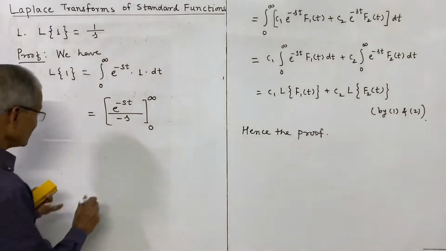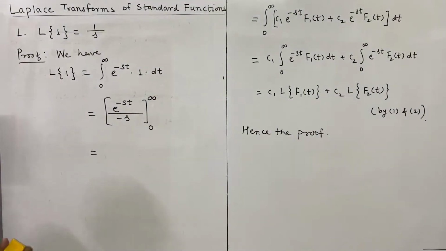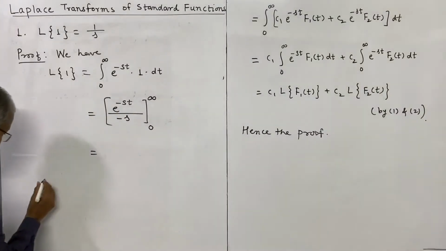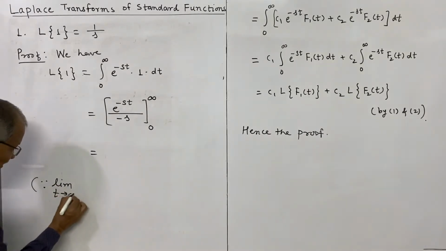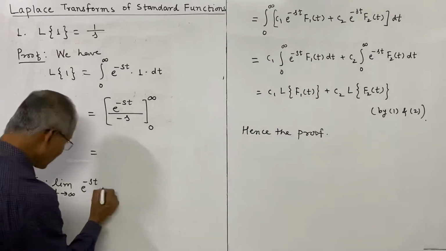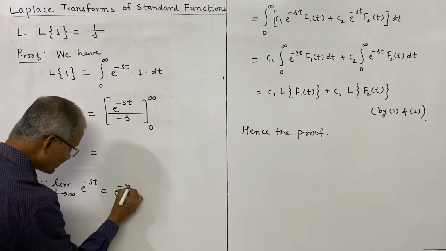So we shall see first that when t tends to infinity, this term tends to 0. How do we see this? Since limit t tends to infinity of e power minus st is equal to e power minus infinity.